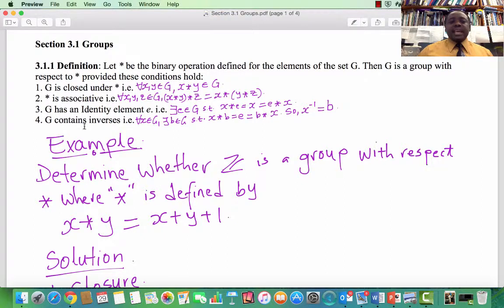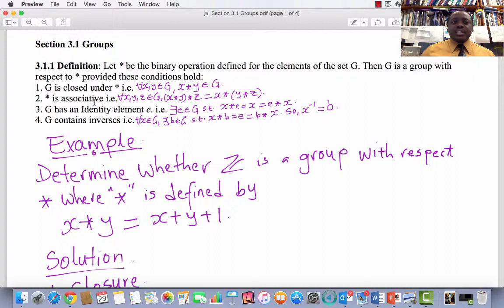G contains inverses, i.e., for every element x in G, there exists an element b that is also from G, such that x star b is E and b star x is E. If that is the case, we say that the inverse of x is b.